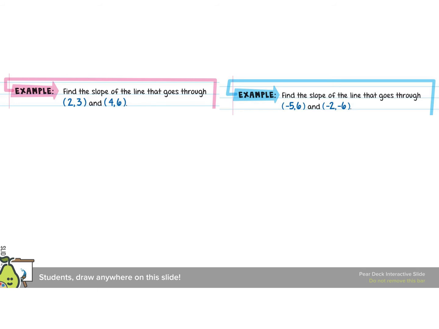First example says, find the slope of a line that goes through (2, 3) and (4, 6). So we're going to use our formula, m equals y2 minus y1 divided by x2 minus x1. And so for this one, this is x1, y1, and x2, y2.